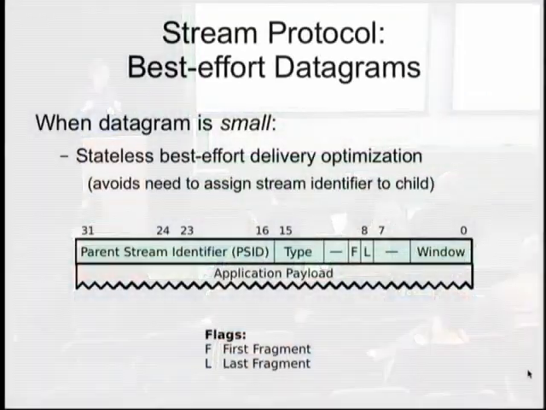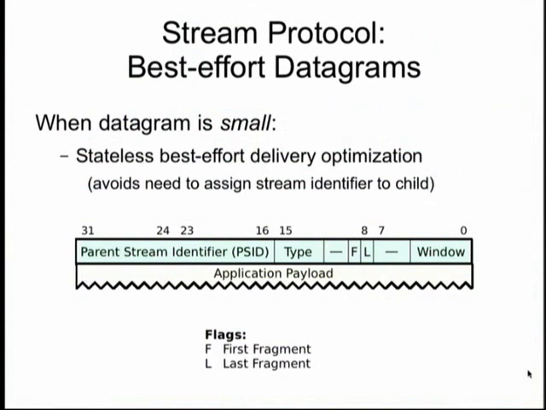But if the application tells SST not to buffer this datagram, that it should be unreliable, SST actually has the option of optimizing it a little further. So SST can take a look at this datagram that the application is trying to send and ask, is it small? For some suitable definition of small, which SST gets to decide. If it is, SST can use an optimization in which it never actually bothers assigning a child stream identifier and creating the child stream state and destroying it and all that.